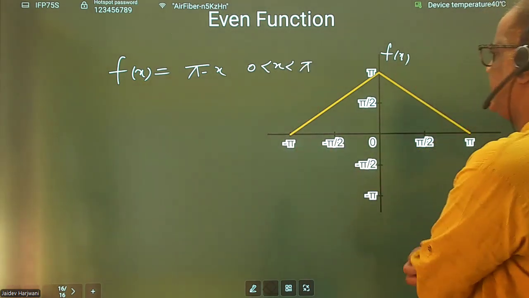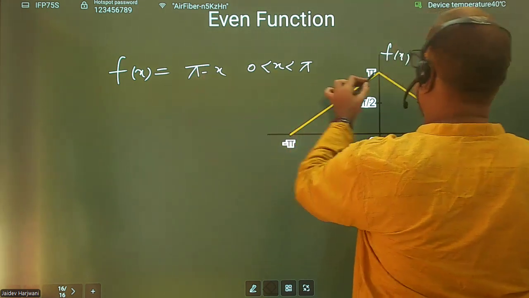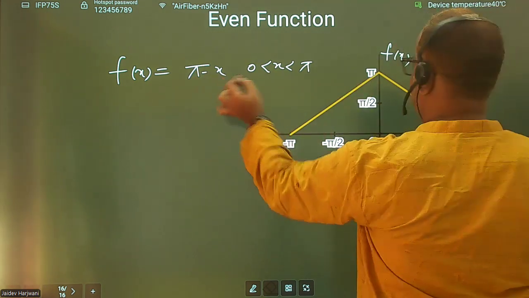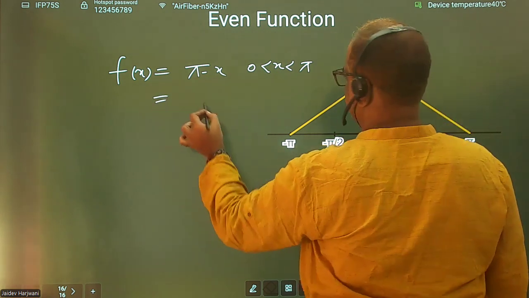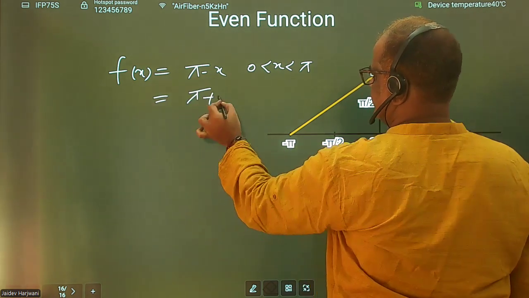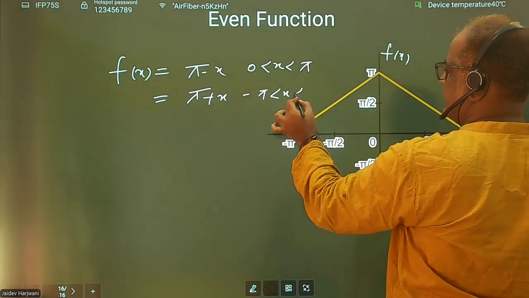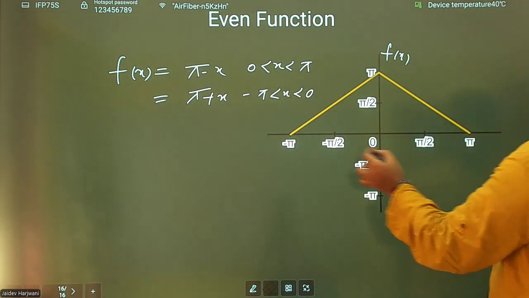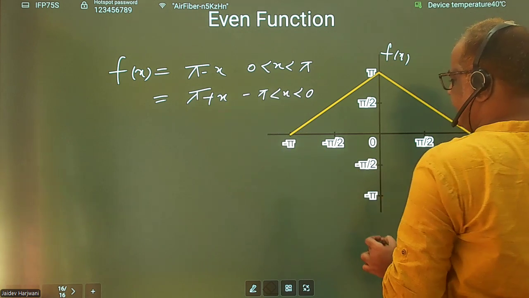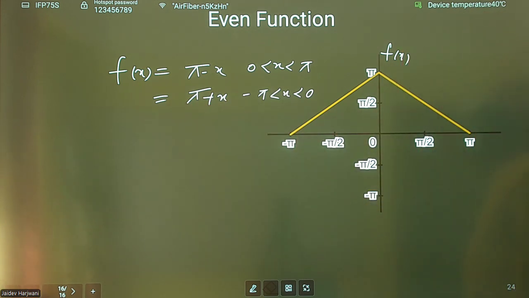Okay, so at x is equal to 0, this function is pi, and at x is equal to pi, this function is 0. Similarly, this function can also be written as pi plus x between minus pi to 0. If I put 0, it is still giving pi. If I put minus pi, this is giving 0. So this is the representation.